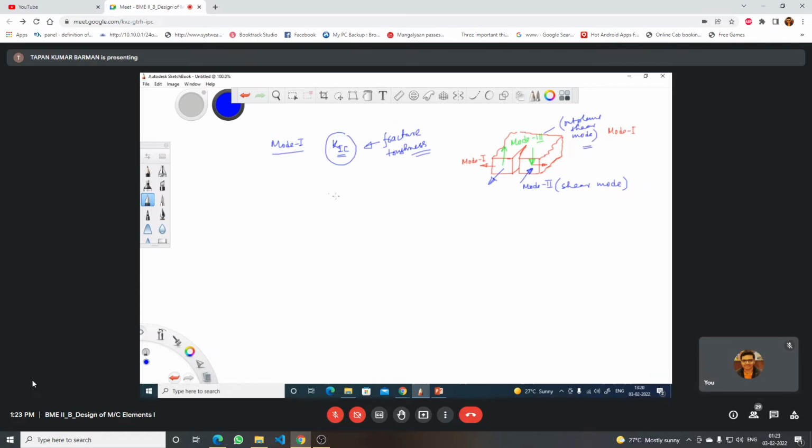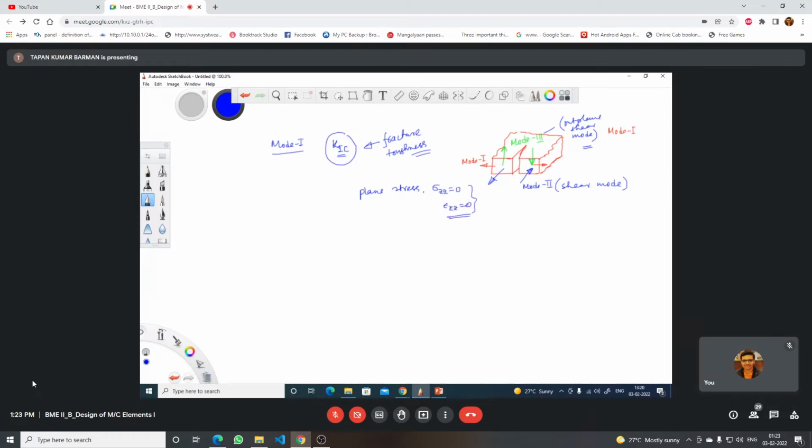Now, experimentally, there are two types of problems. One is called plane stress, where sigma zz should be 0, and one is called plane strain, where epsilon zz should be 0.